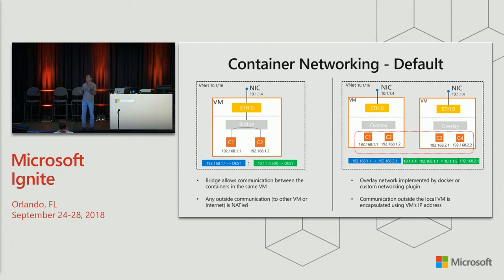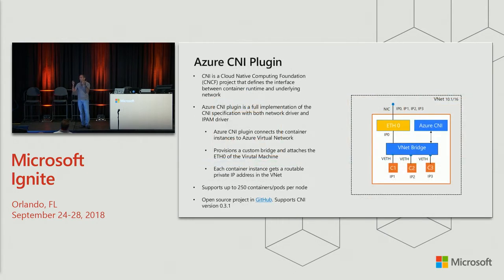You may not attain the best perf. Every time you do encap decap, it's very natural to expect that's going to add some lag to your processing, so your perf will not be that great. Plus, you have to maintain the networking plugin and have a different way of addressing your containers and all that, right? So all this led us to build the Azure CNI plugin.